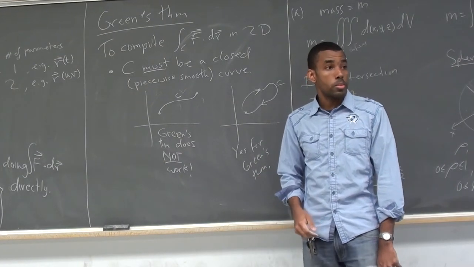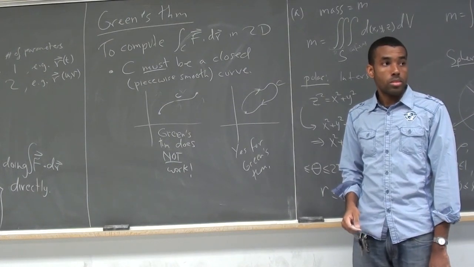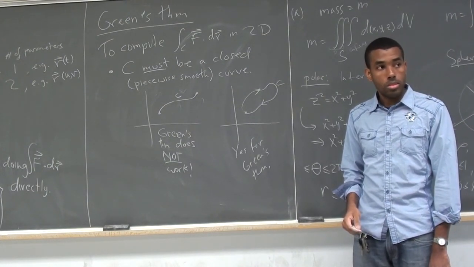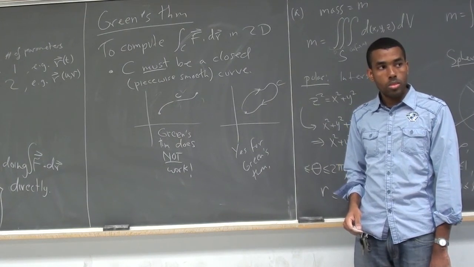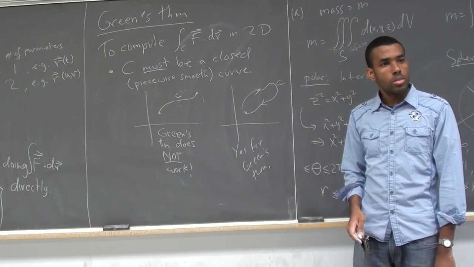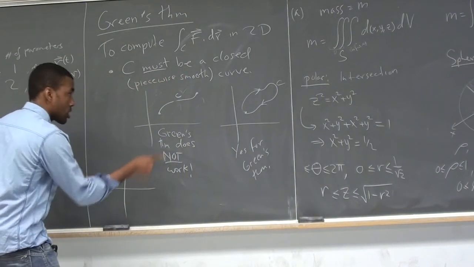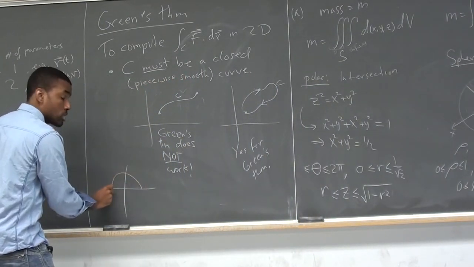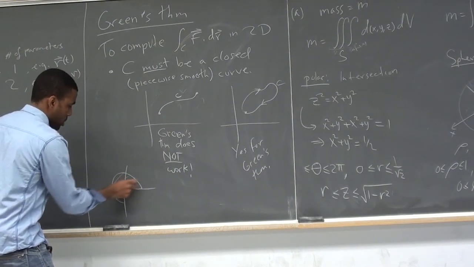What if the curve goes into negative y, or goes in more than one quadrant, like the boundary of this region?